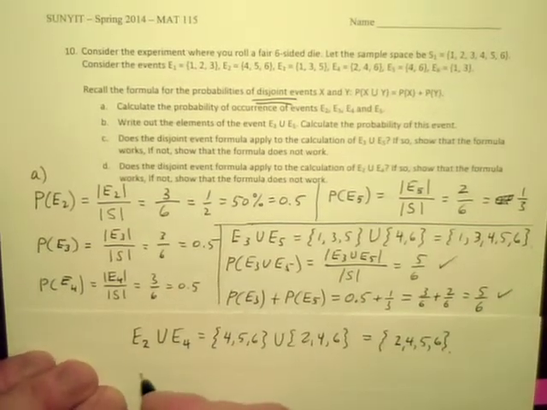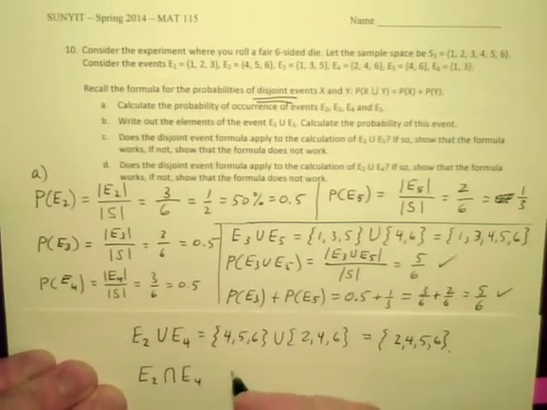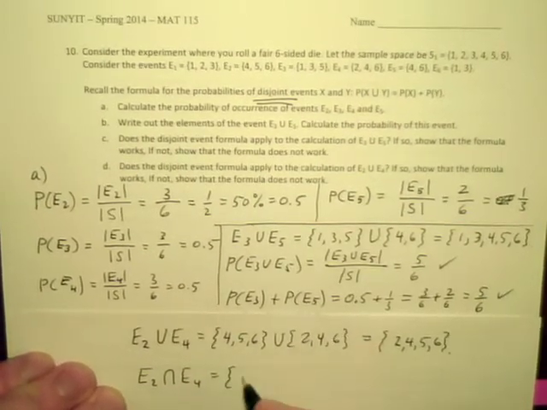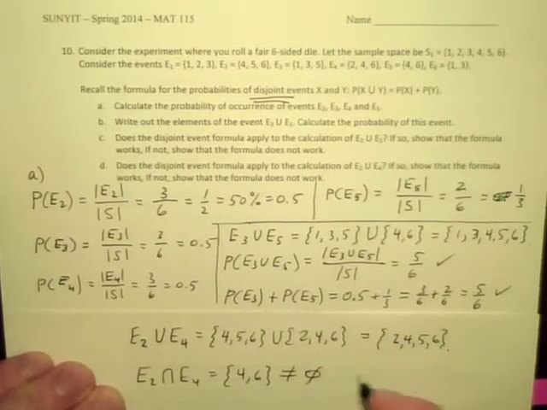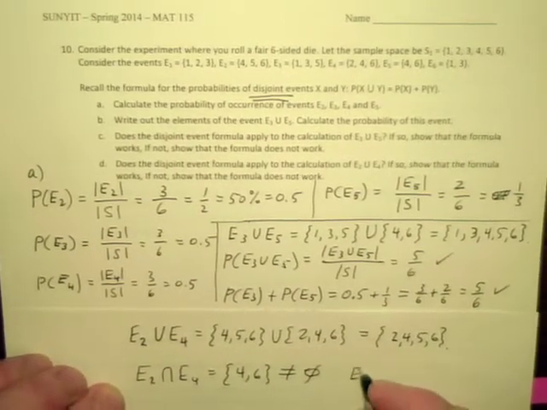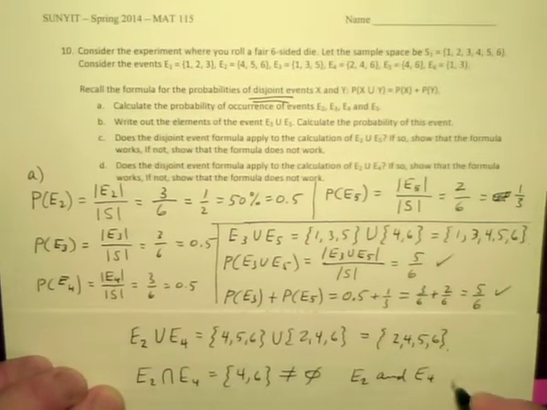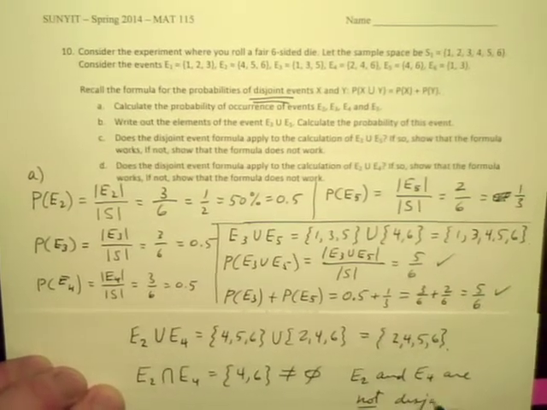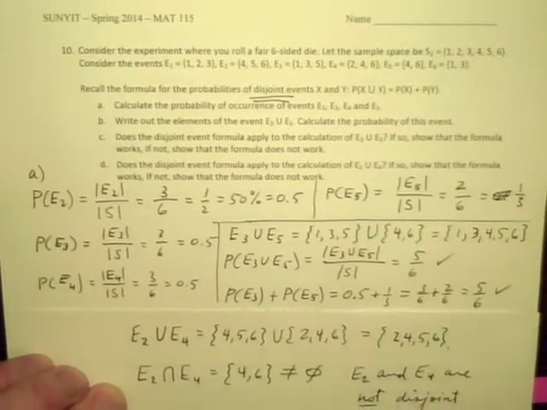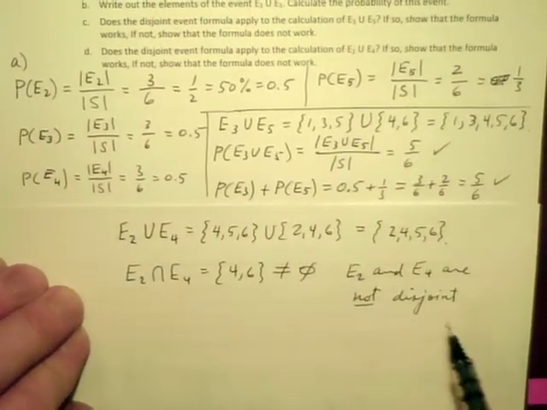Okay, well, E2 intersection E4 is equal to 4 and 6, which is not equal to the empty set. So E2 and E4 are not disjoint. Okay, I'm going to run out of paper here.